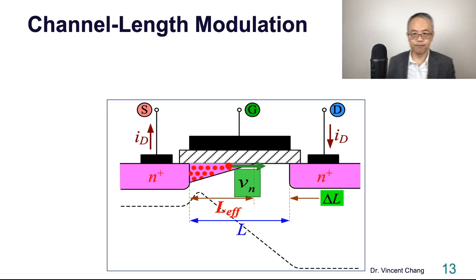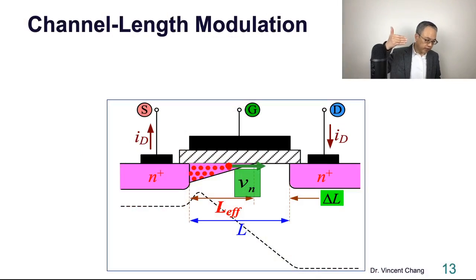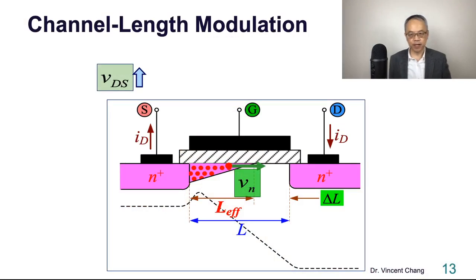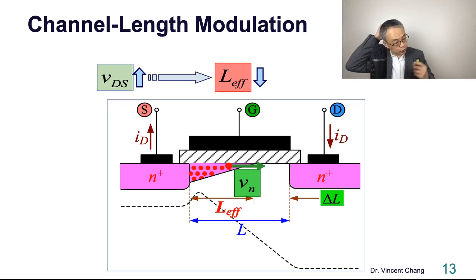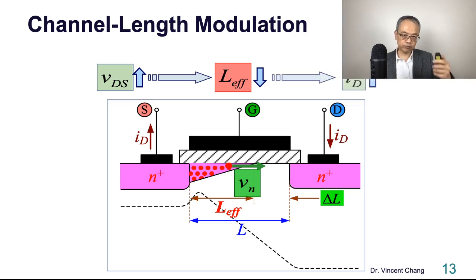Let me repeat that. What is the channel length modulation? In saturation region, when the MOSFET operates in the saturation region and we keep increasing the VDS, the effective channel length will go down, will be shortened, and then ID will keep going up.